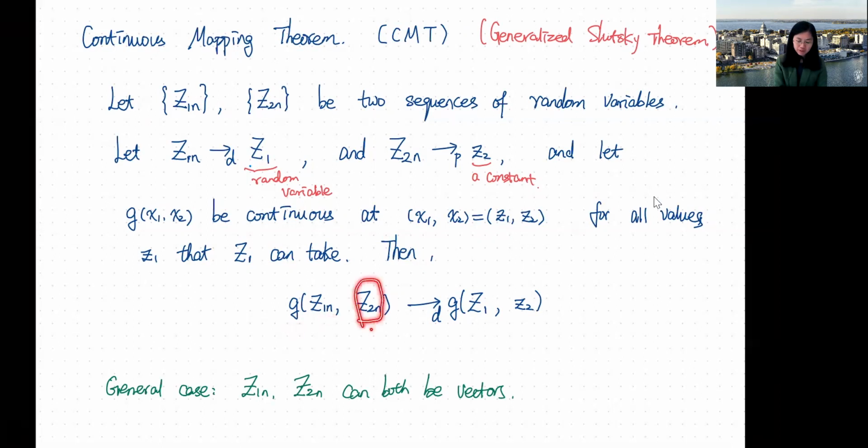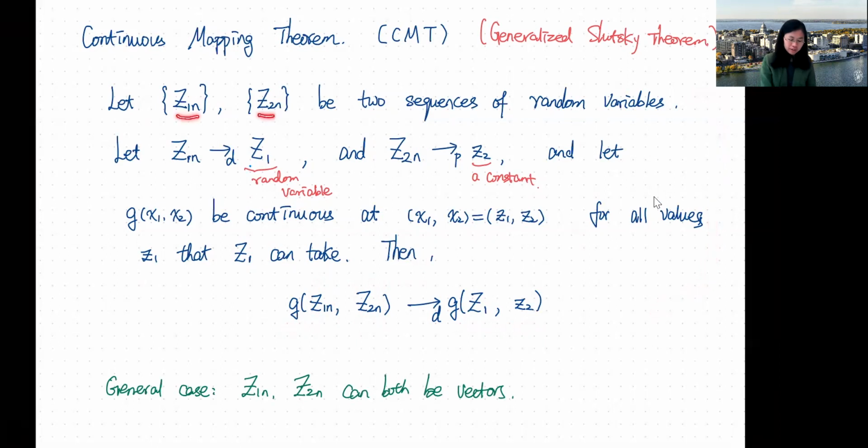Even if you have a sequence that converges in probability, the convergence is still preserved. The statement of the theorem I'm giving here is sufficient for today's discussion.